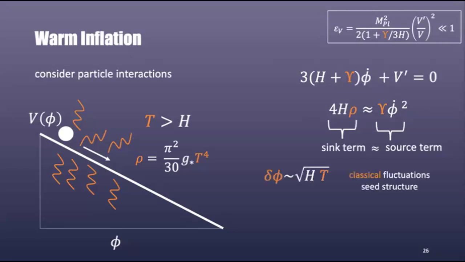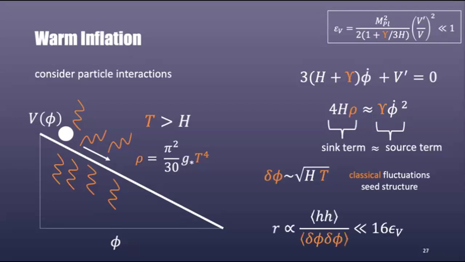Now what changes is that the fluctuations of the inflaton field, which seed our large-scale structure, no longer only have Hubble as a scale dictating how they evolve. We now also have a temperature as a new scale, and this is a very interesting point to me. Conceptually, in that picture, it's classical fluctuations that seed everything rather than quantum fluctuations.